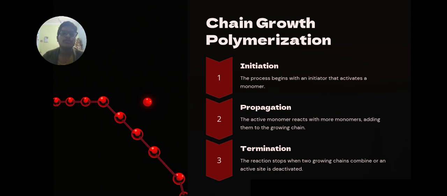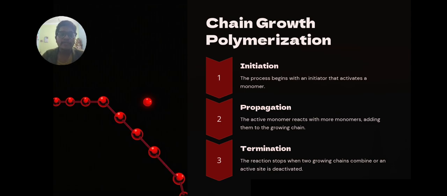Next, chain growth polymerization. The types of chain growth polymerization are: one, initiation; two, propagation; three, termination. Initiation: the process begins with an initiator that activates a monomer.